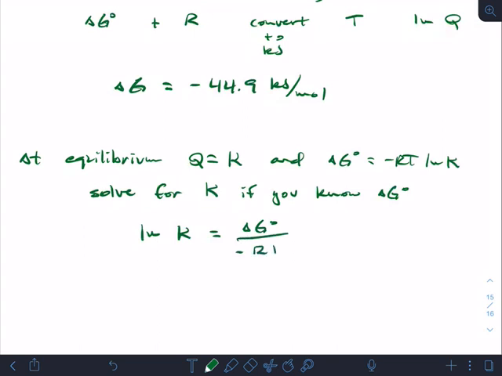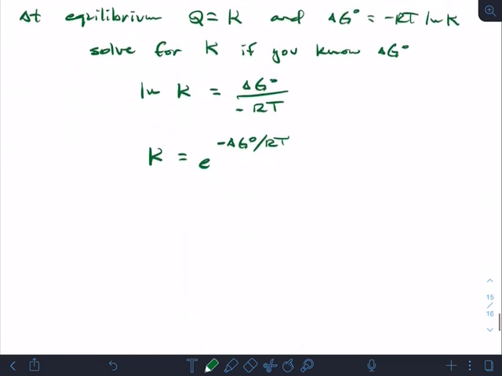If I take my equation and rearrange it, natural log of K equals delta G over negative RT. And if I solve for K, K equals e to the negative delta G over RT.